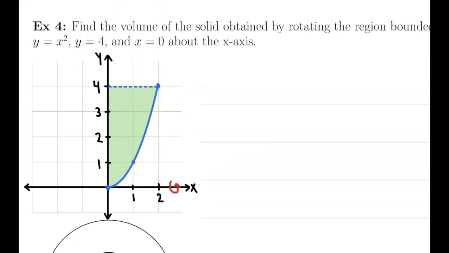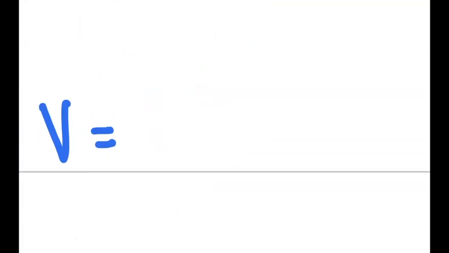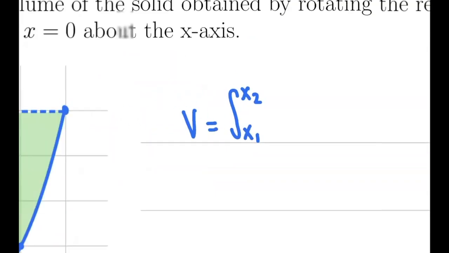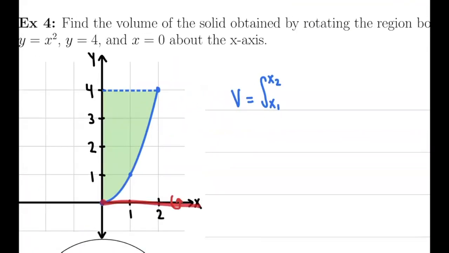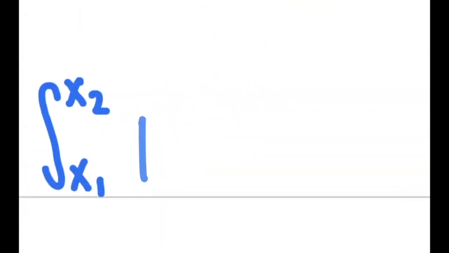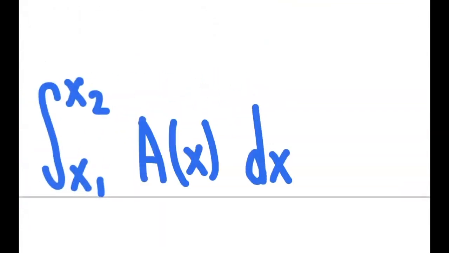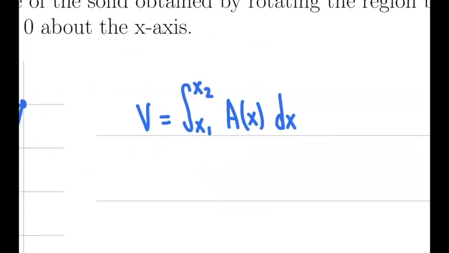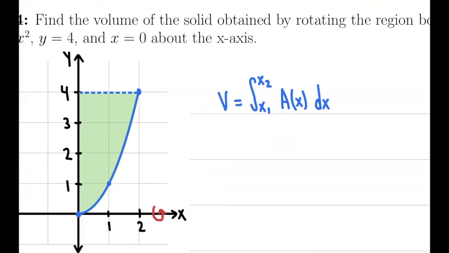So remember, in general, to find the volume of a solid, you just take the integral of the area, right? And I'm doing this in terms of x because we're revolving it about the x-axis. Integrate with respect to the variable that's the name of the axis, for disk and washer.